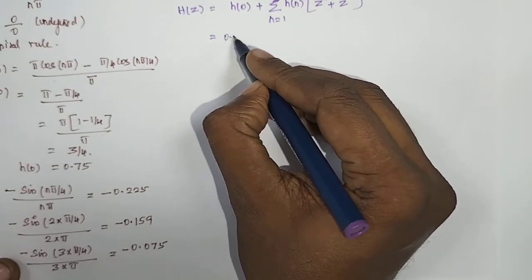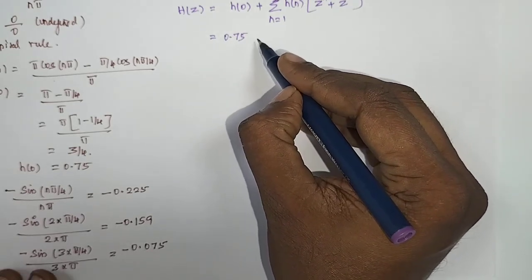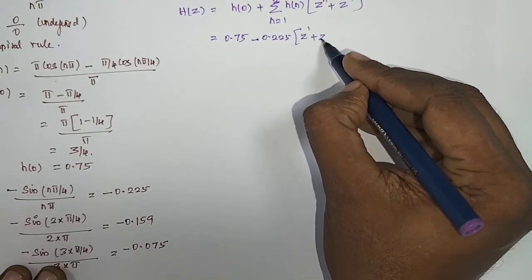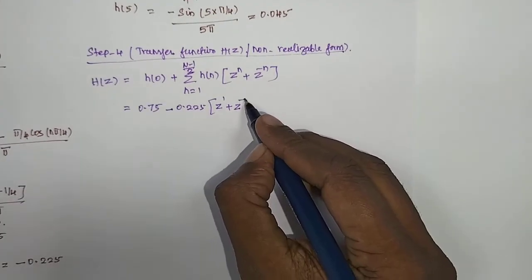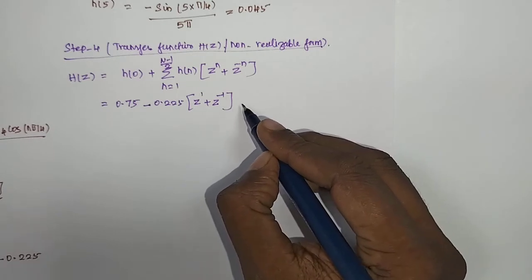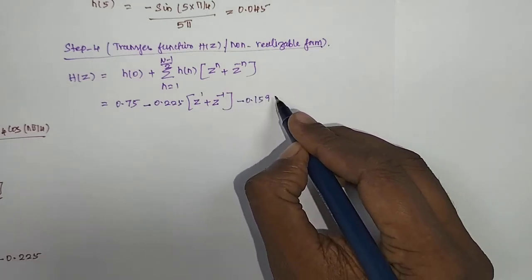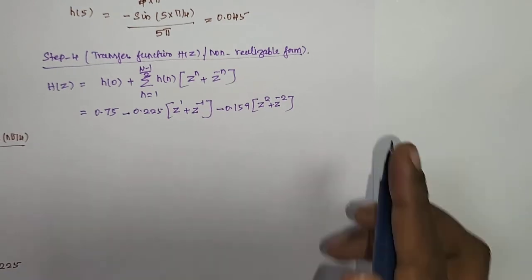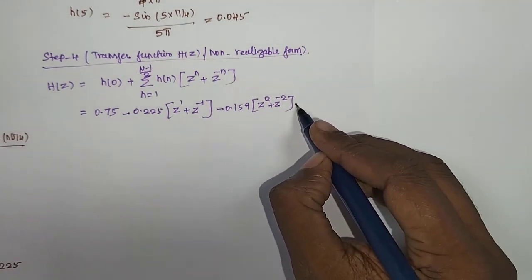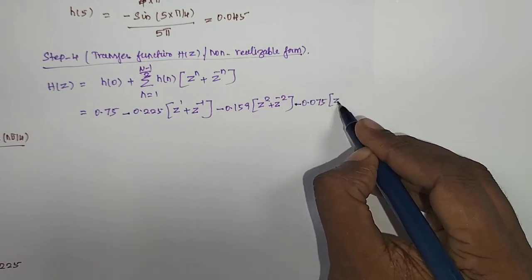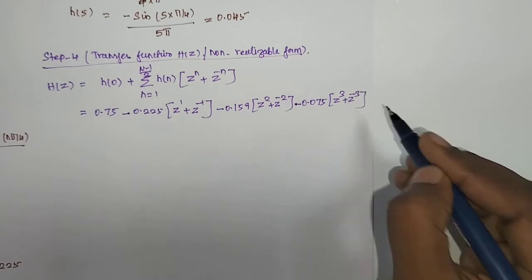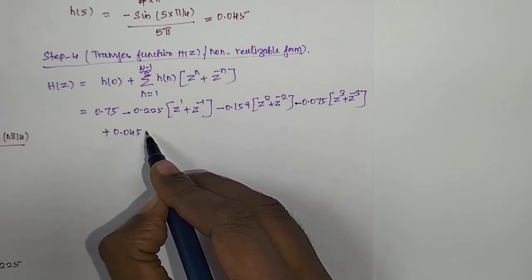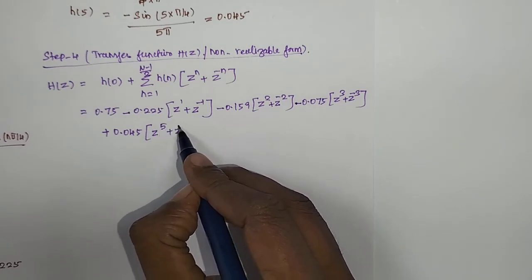So h of 0 is 0.75, and then h of 1 is minus 0.225 [z power 1 plus z power minus 1], and then h of 2 value is minus 0.159 [z power 2 plus z power minus 2], plus, that is minus 0.075 [z power 3 plus z power minus 3], and h of 4 is 0 and h of 5 is plus 0.045 [z power 5 plus z power minus 5].